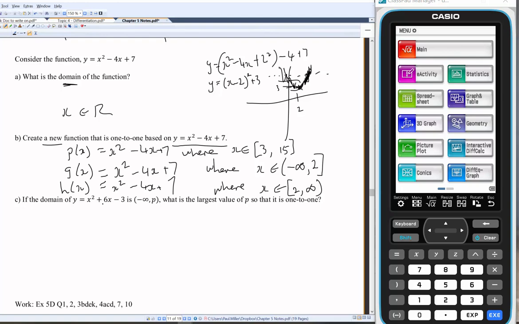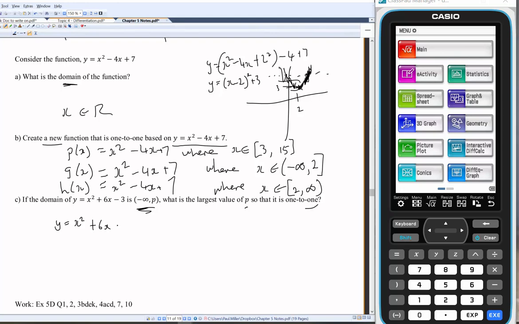If the domain of this function here is, classic exam question here. So we've got a domain for this particular function. What's the largest value of p? So it is one-to-one. Again, the quickest way to do this problem, I think, is to complete the square. I'm going to say y equals x squared plus 6x.